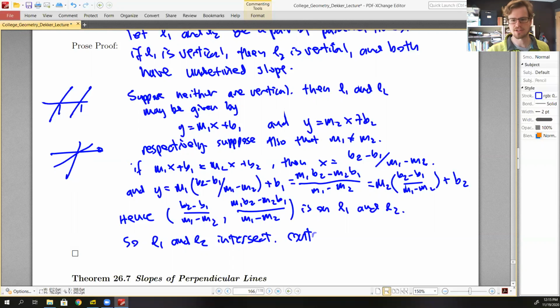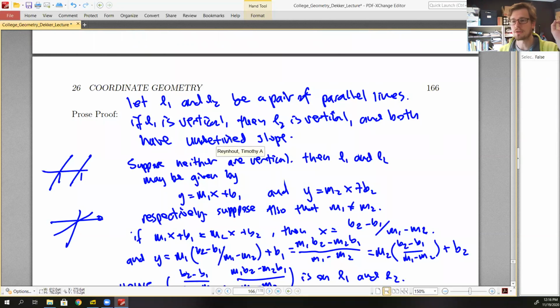But this is a contradiction. And since it's a contradiction, we must have that our assumption was wrong, in particular that m1 was not equal to m2, so they must in fact be equal to one another. Excellent.